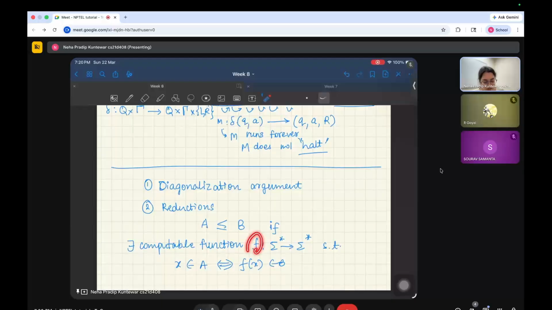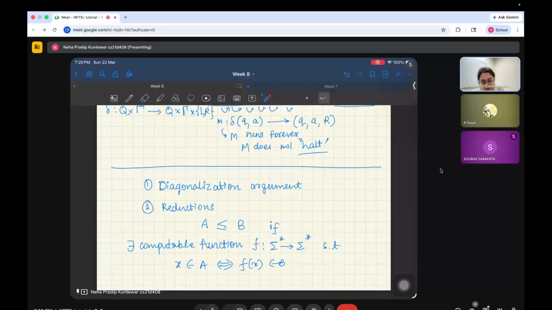And this function can be a many one function, because there can be a lot of strings here that get mapped to one string only. That is totally fine. If f is many one, then we say that the reduction is many one. Okay, that's all.